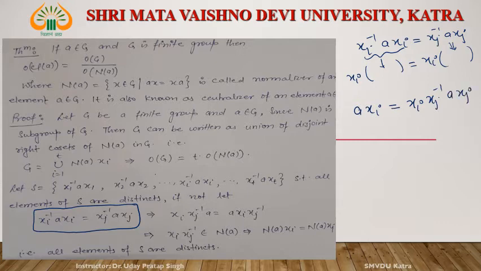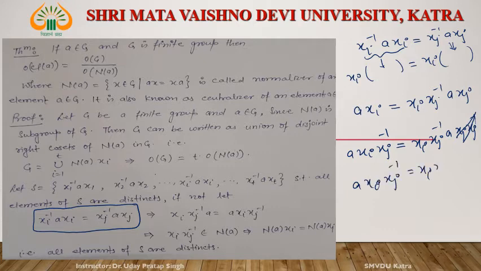Now operate by xj inverse from the right side: a xi xj inverse is equal to xi xj inverse a xj xj inverse, and xj xj inverse is the identity. Then a xi xj inverse is equal to xi xj inverse a.